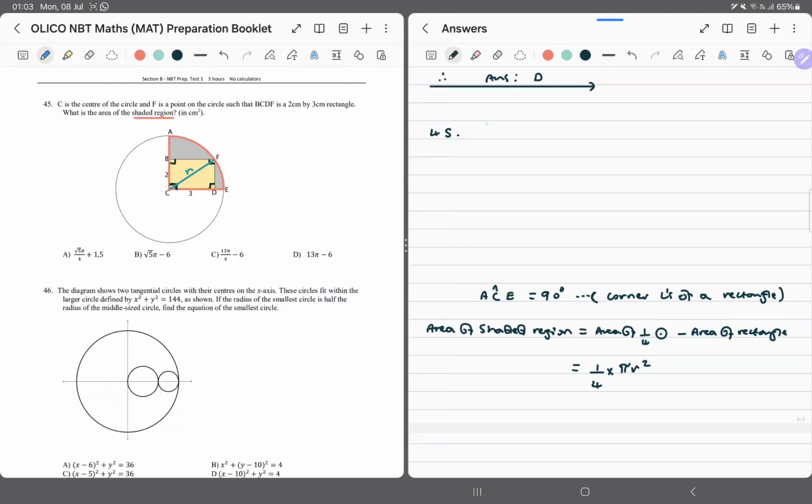So we can just say here, in triangle CDF, all I know is that this is a right angled triangle.